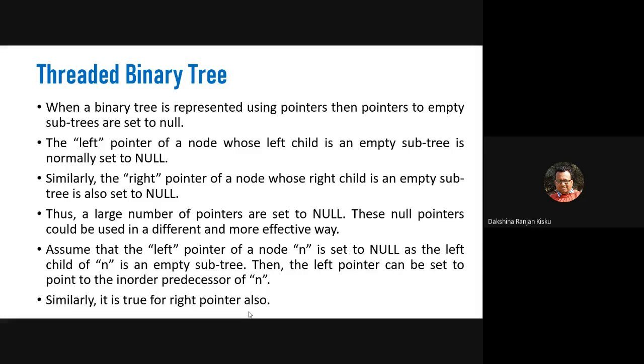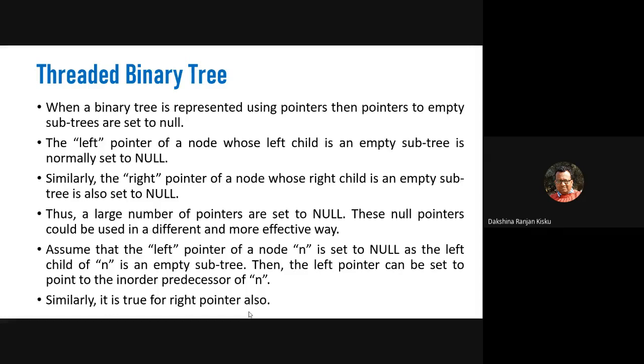I will be coming to that point, what is called the in-order predecessor of some node n, some random node n. That means if the left pointer of a node n is set to null as the left child of node n is found to be empty, then we can set the left pointer to point to the in-order predecessor of that node n.